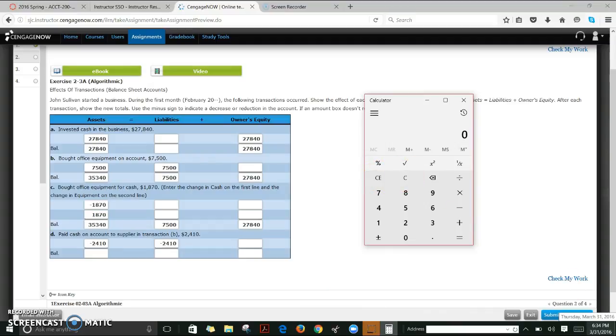Okay, so my balance here is 35,340 minus the 2,410 equals 32,930.